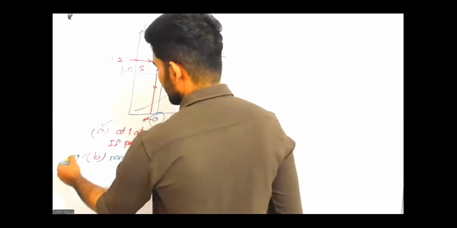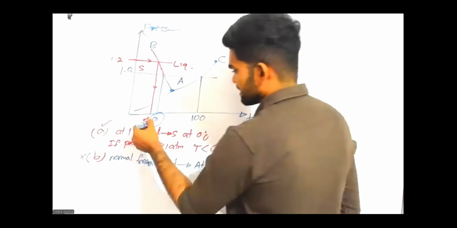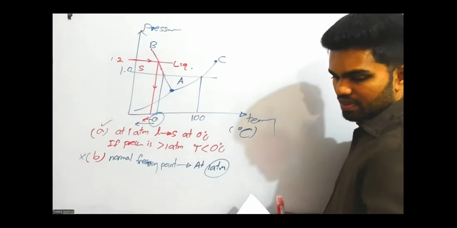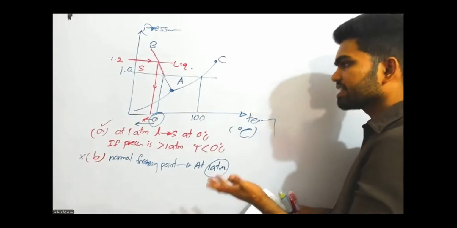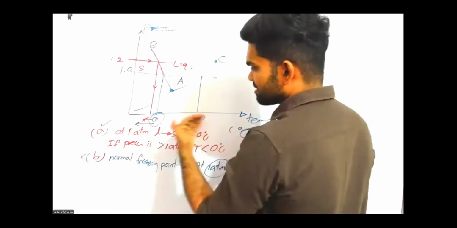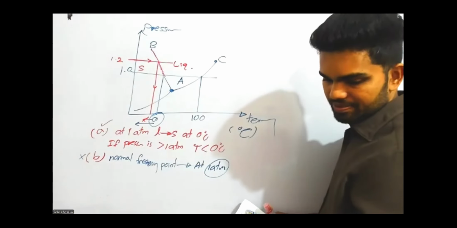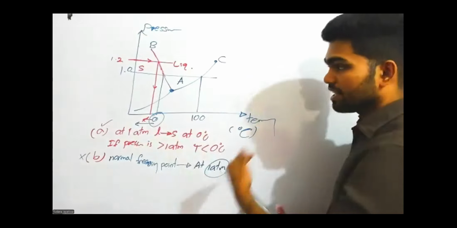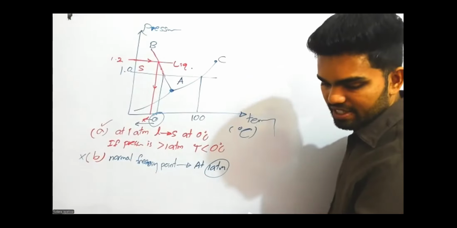Understand? The freezing point will become lower because you can see it shifting in this direction. If the pressure is higher, the freezing point, or this equilibrium point, shifts to the left side. It happens because this line is directed to the left, a left-shifted graph. That's the reason.